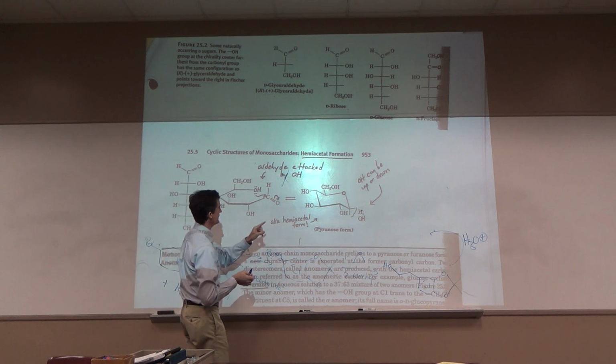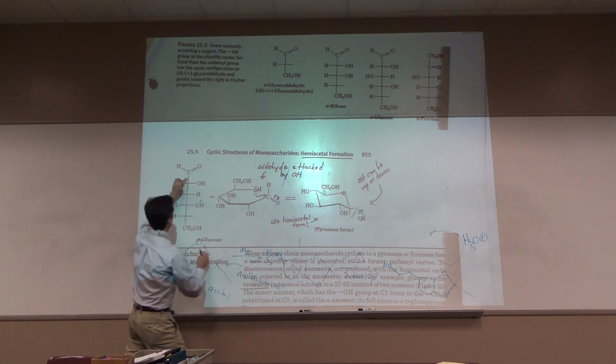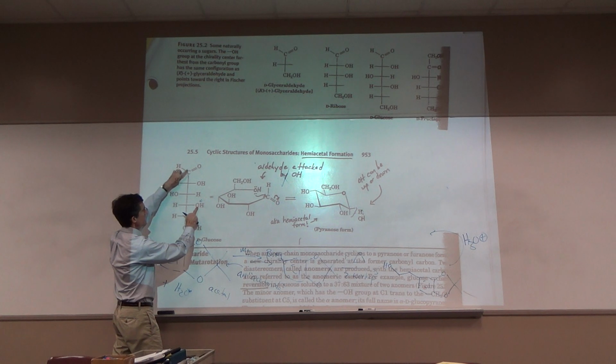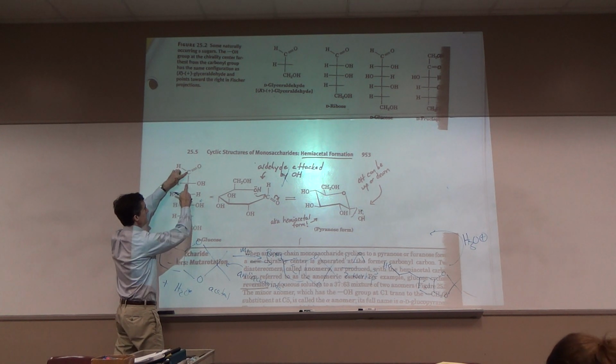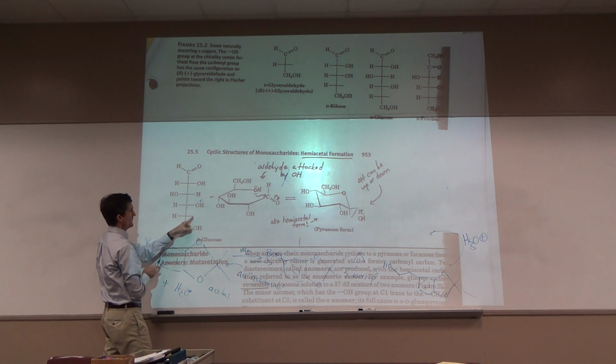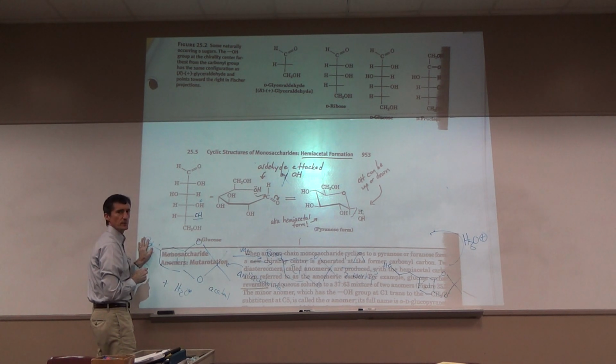How do you get the cyclic form? One of the OHs attacks the carbonyl. Here's a carbonyl, and it's actually this OH attacking this carbonyl. 1, 2, 3, 4, 5. That's not right. No, this structure is wrong. It's missing an OH there.